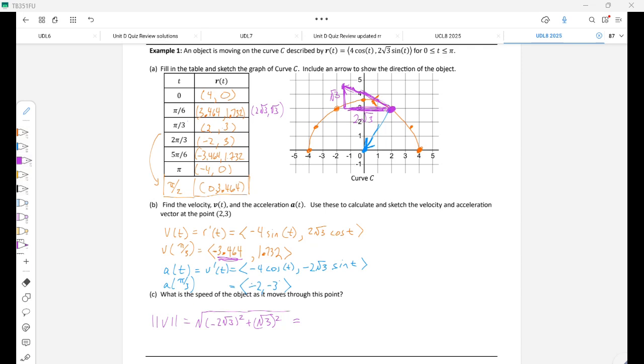Because everything is multiplication there, you can distribute that square. It ends up being the square root of, we've got to square both 2 and square root of 3. So that's going to give us 4 and regular 3, or 12, plus the square root of 3 squared, which is 3, which is the square root of 15.